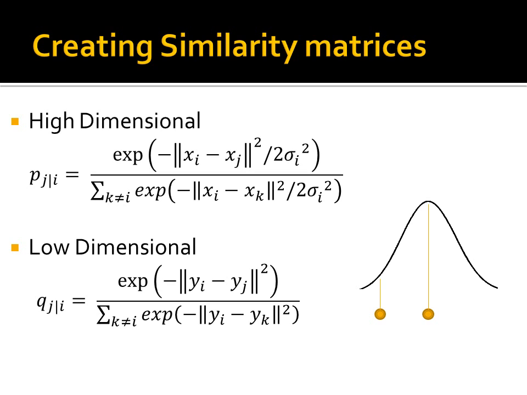You can think of this as the probability that one point will actually choose another point as its neighbor. And when you're dealing with the Gaussian, you can have a tendency to sort of cluster and crowd the points together. I was using the variation of t-distributions, which can get around that problem.